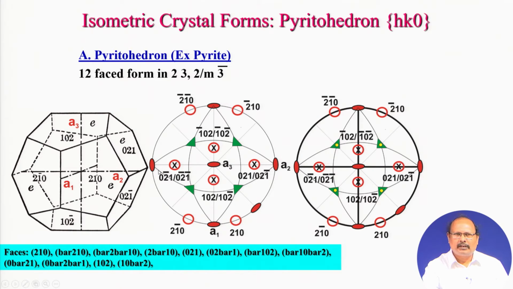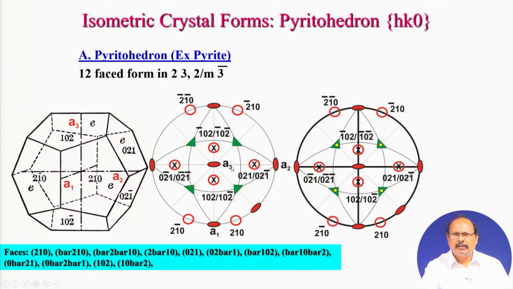So, how many total crystal faces are generated with this starting symbol 2 1 0? They are 12 in number. The 4 are vertical and there are 8 inclined, and 4 inclined faces intersect the positive direction of the A3 axis, which is shown by these 4 circles here, and there are 4 inclined faces which intersect the negative direction of the A3 axis.